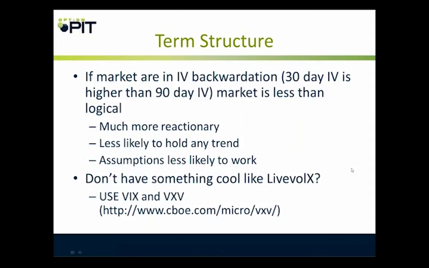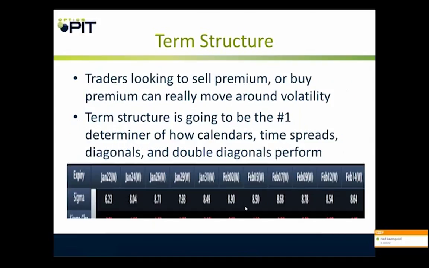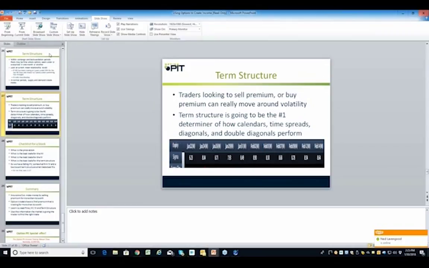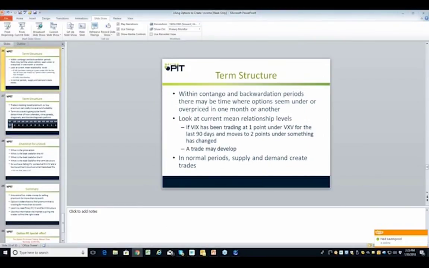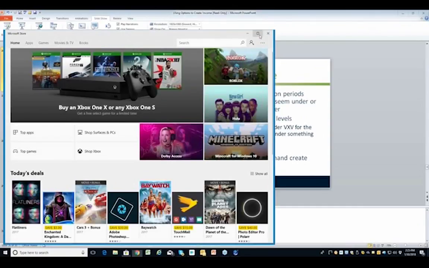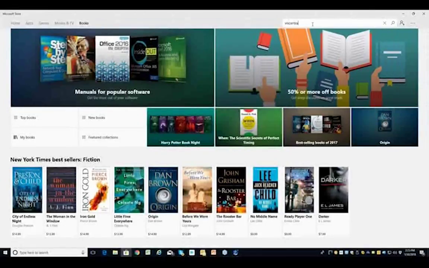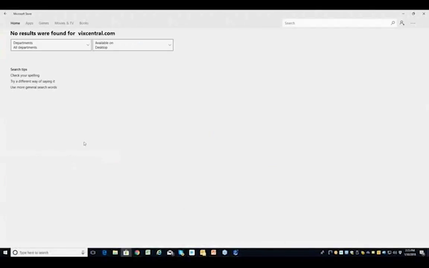All right. So here's what I will tell you. If you take nothing from this presentation, if the VIX futures curve is messed up, here, let me show you this.